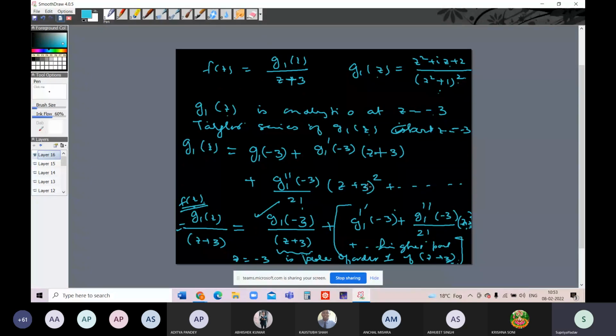In the same way, we can also discuss the singularity of this function at z is equal to plus i and z is equal to minus i. Let us discuss this question further, then we will come to other questions.